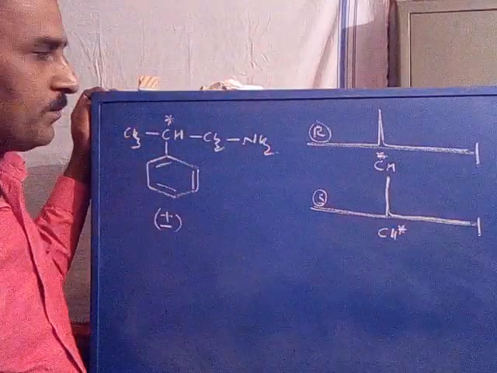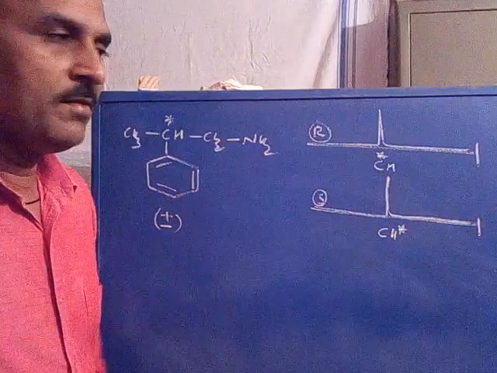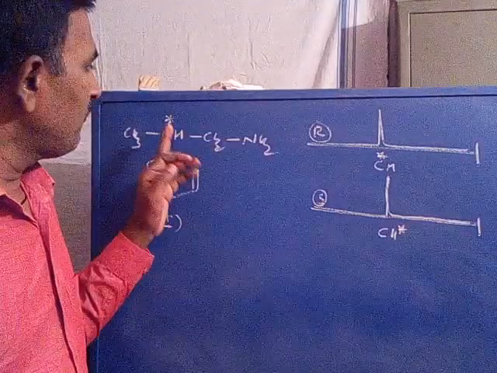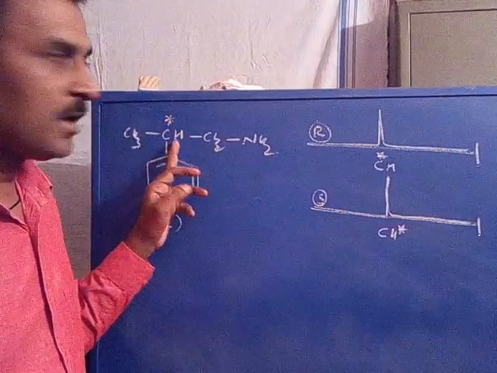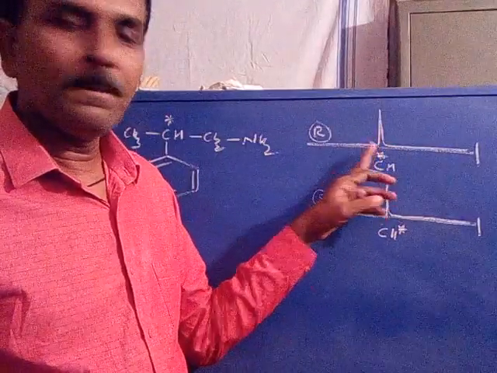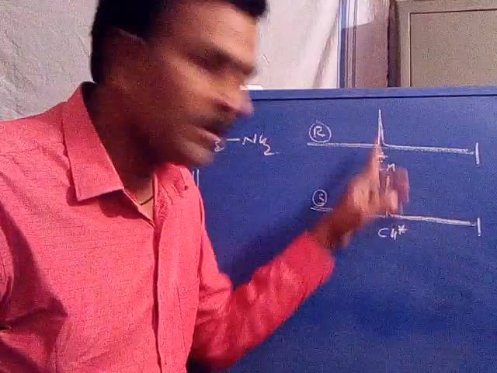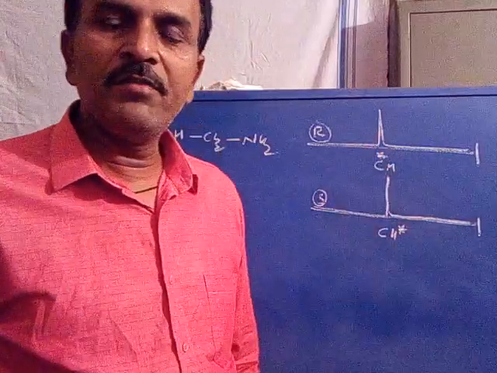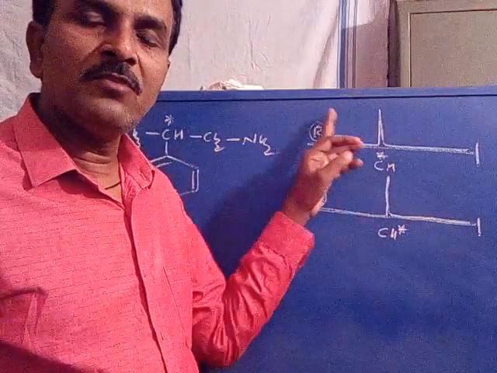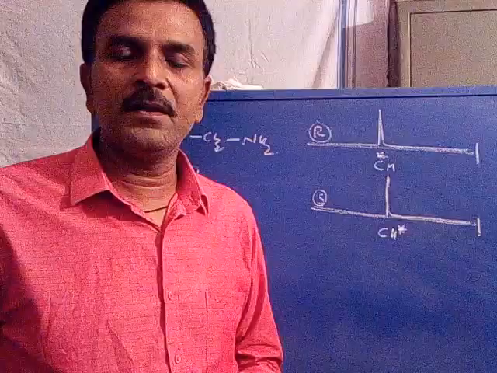You observe, this is in the absence of solvent. In the absence of solvent, this is the plus or minus enantiomeric pair, where a CH proton in the R isomer, say this is the absorption frequency. The same proton in the S isomer also has the same absorption frequency. The absorption frequency of the CH proton will be the same in both S isomer and R isomer. We cannot distinguish or discriminate.